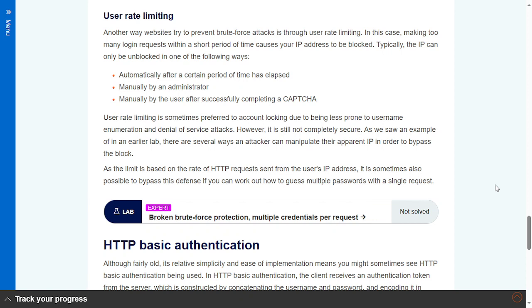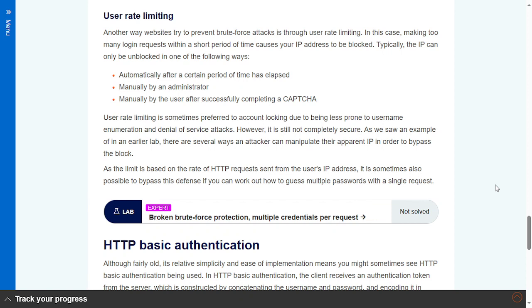User rate limiting is sometimes preferred to account locking due to being less prone to username enumeration and denial of service attacks. However, it is still not completely secure. As we saw an example of in an earlier lab, there are several ways an attacker can manipulate their apparent IP in order to bypass the block.